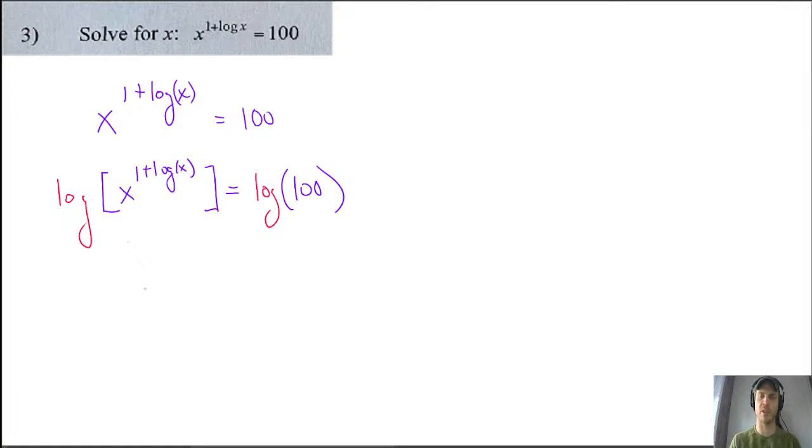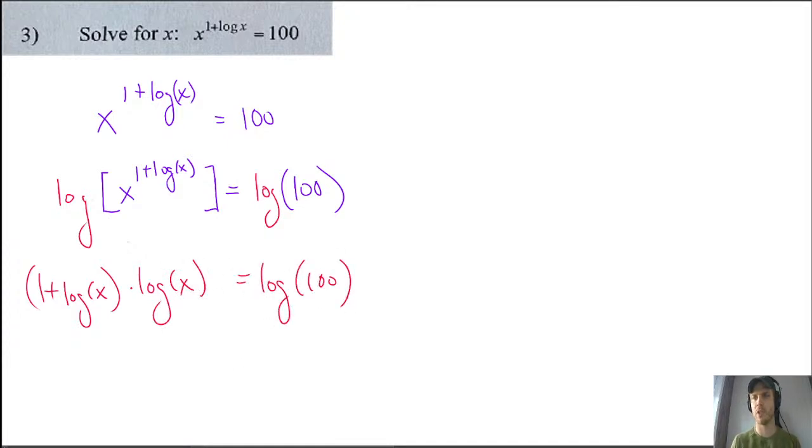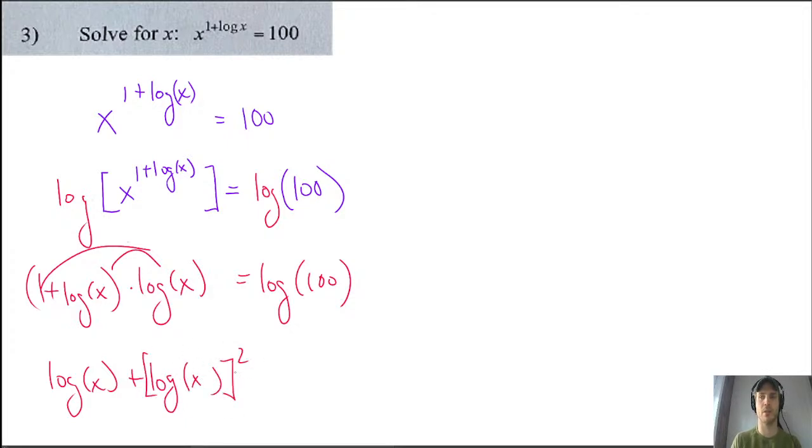Okay, there we go. So then that's going to come down, and we've got 1 plus log x times log x equals log 100. Okay, so now we'll distribute this, I guess. Log x plus log x squared, right?